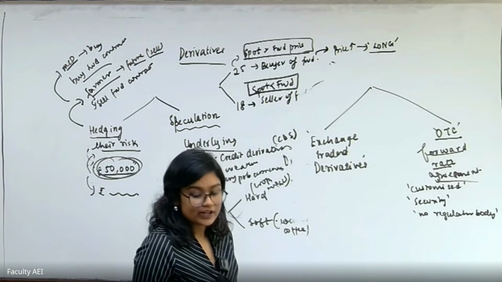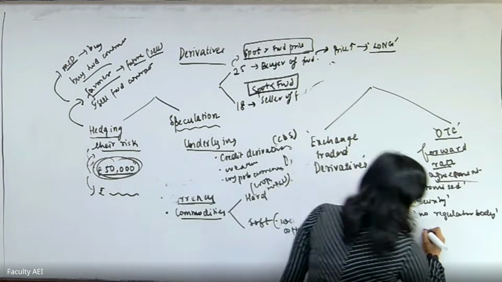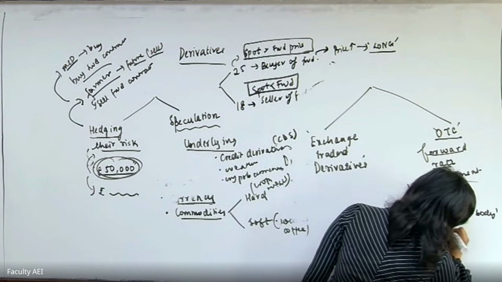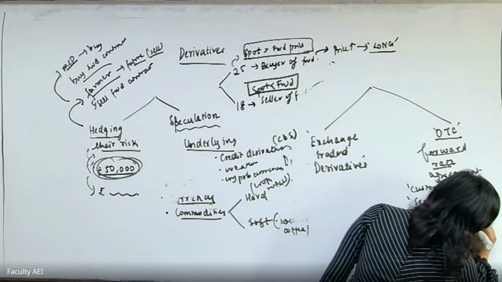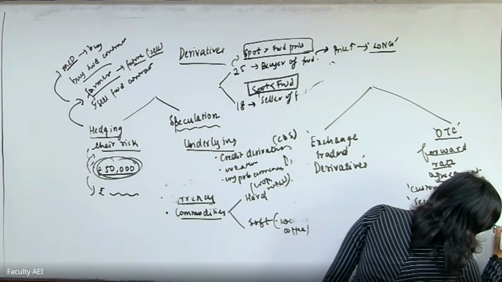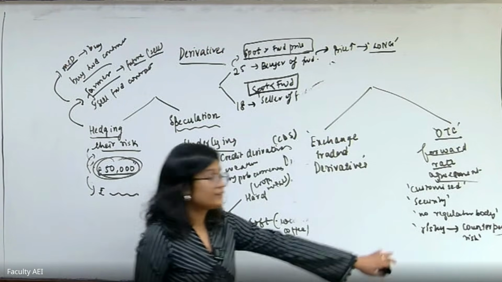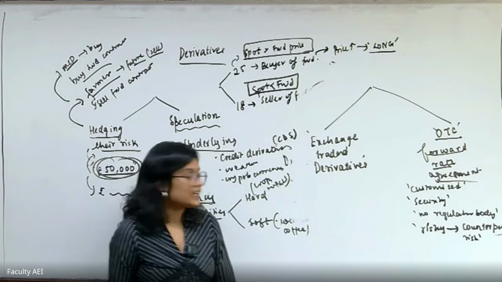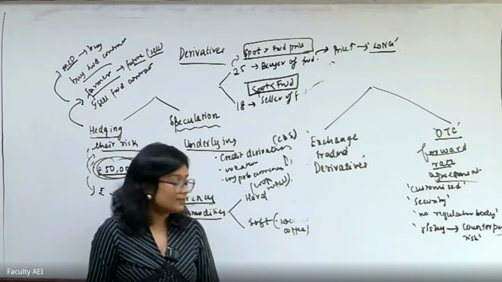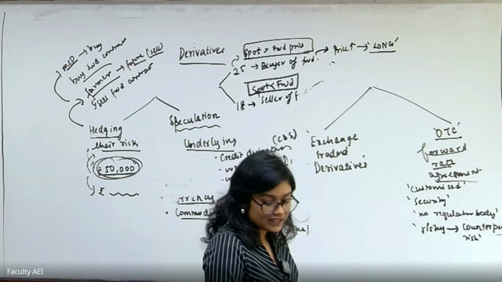If there is no regulatory body in between them, it is risky. They would be facing counterparty risk. If person A defaults in their agreement after 6 months, person B would be facing counterparty risk.